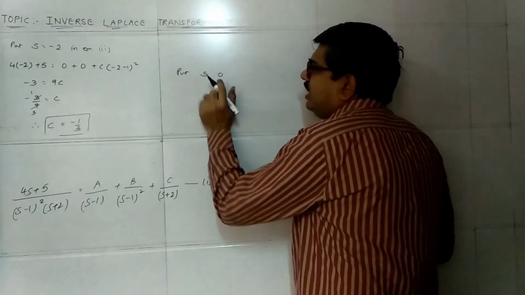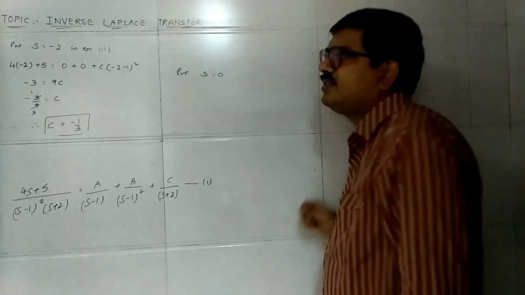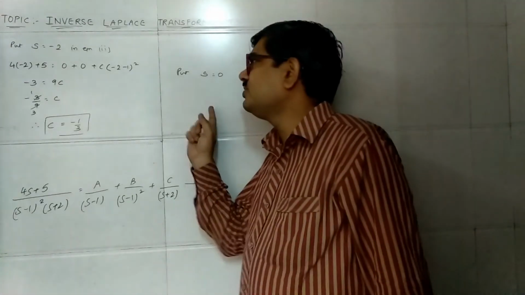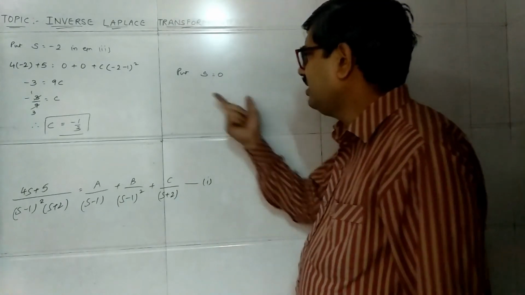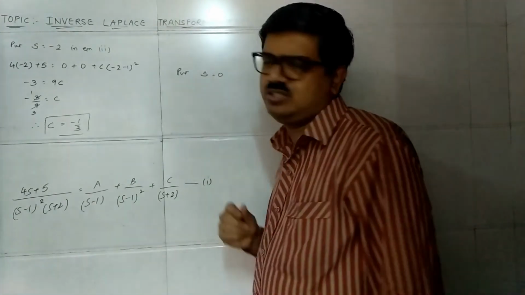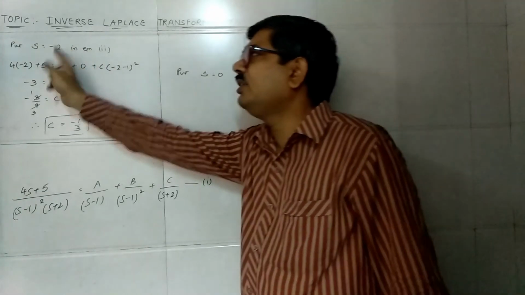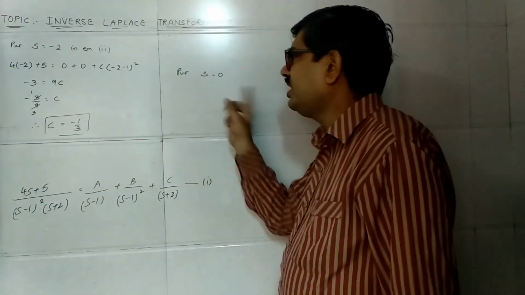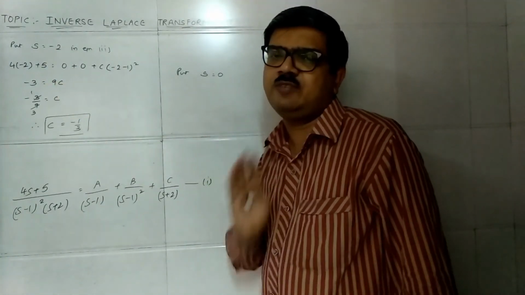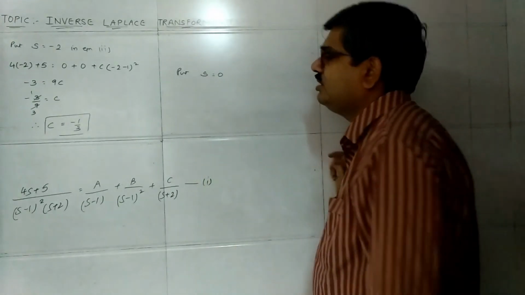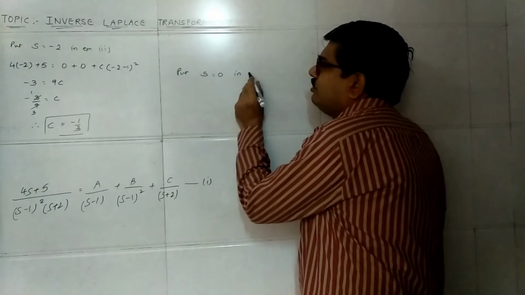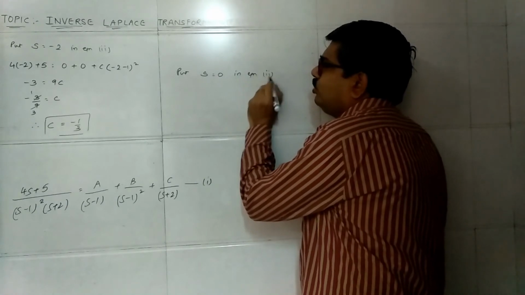See why I have selected s value as 0. This is only to ease the calculation, and whatever integer, you can take any integer, just don't repeat the value already taken. Okay, so you can take any integer and always prefer smaller integers so that the calculation will be easy, right? So again put s equal to 0, where you have to put in equation number 2.